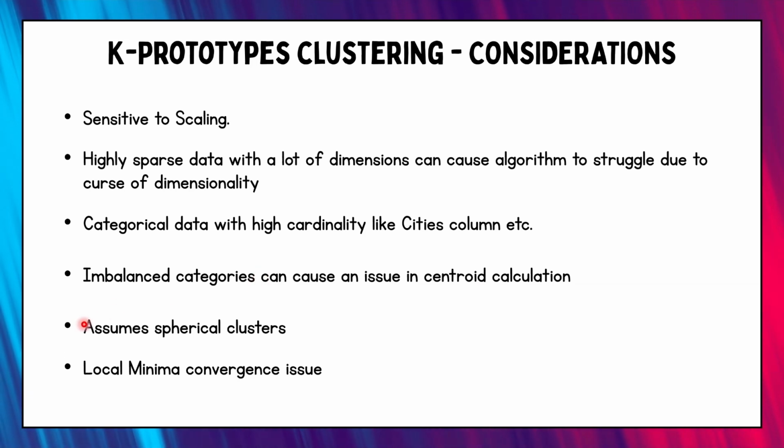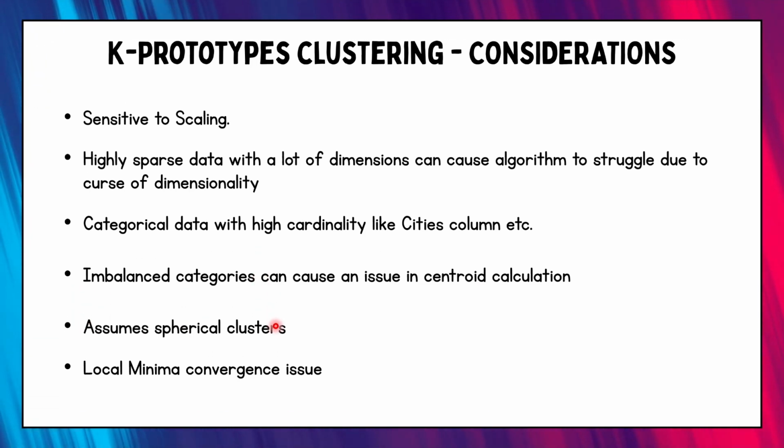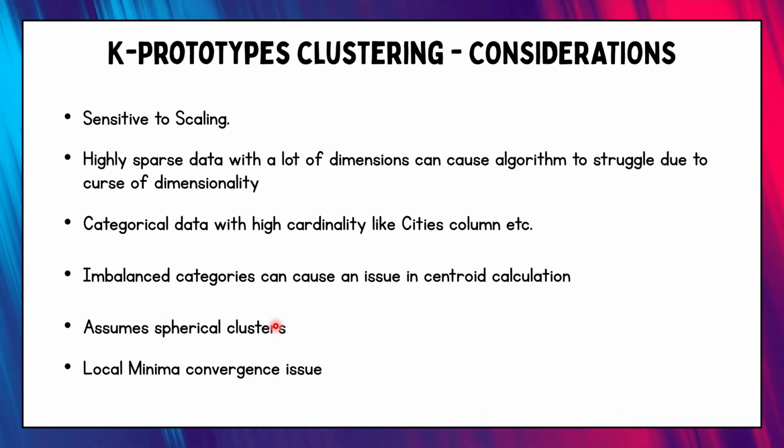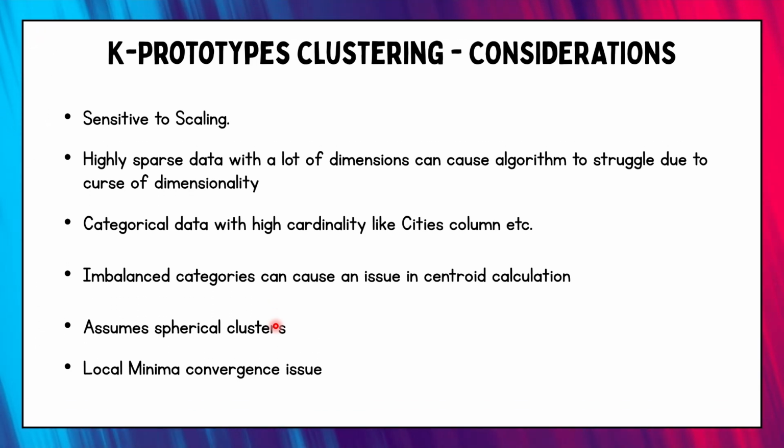And the fifth one is that it assumes spherical clusters. So the K-means algorithm, the K-prototypes algorithm, all of these algorithms are based around an assumption of spherical clusters. So whenever we are dealing with elongated clusters, you might want to read about this, by the way. If you don't know what spherical clusters are, just go and read about it.